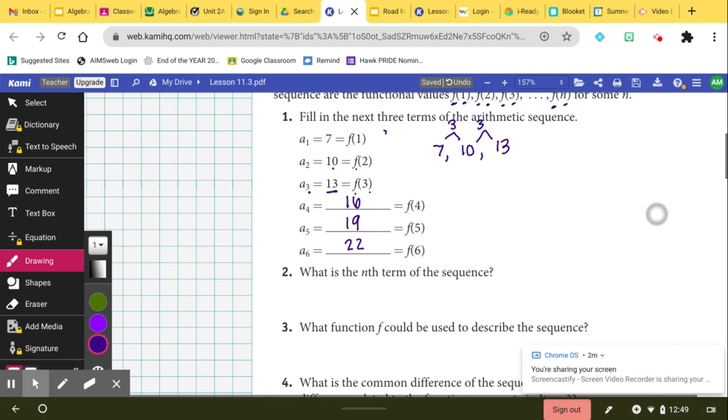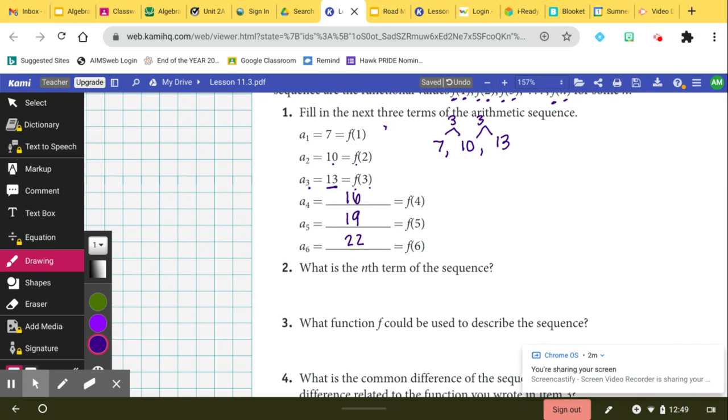So then it says, what is the nth term of the sequence? What they're saying is, for any value of n, what could we use to get there? So we're going to be writing the explicit formula. A sub n is equal to the first term.